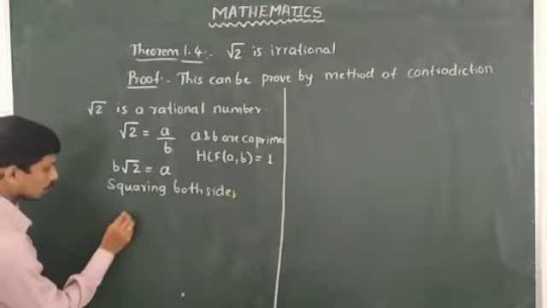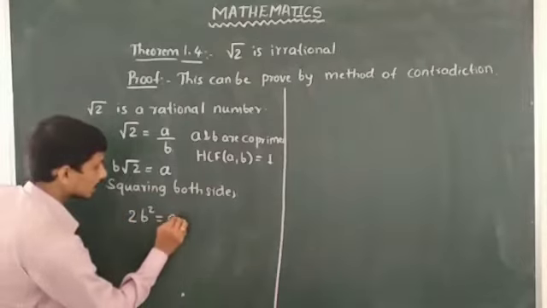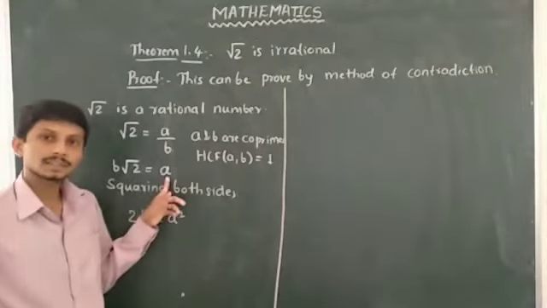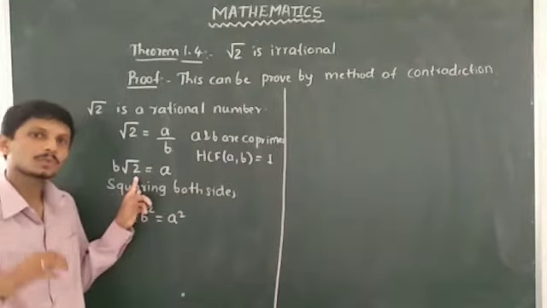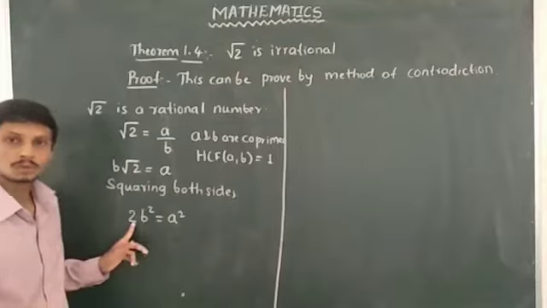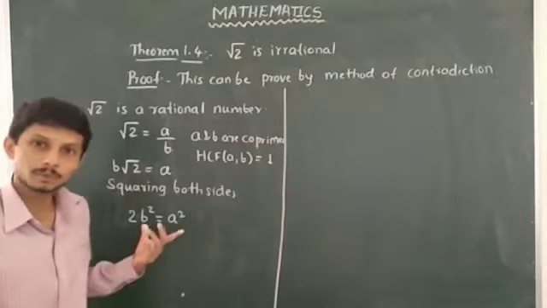So 2 into b square is equal to a square, since the square of a is a square, the square of b is b square, and root 2 whole square is equal to 2.